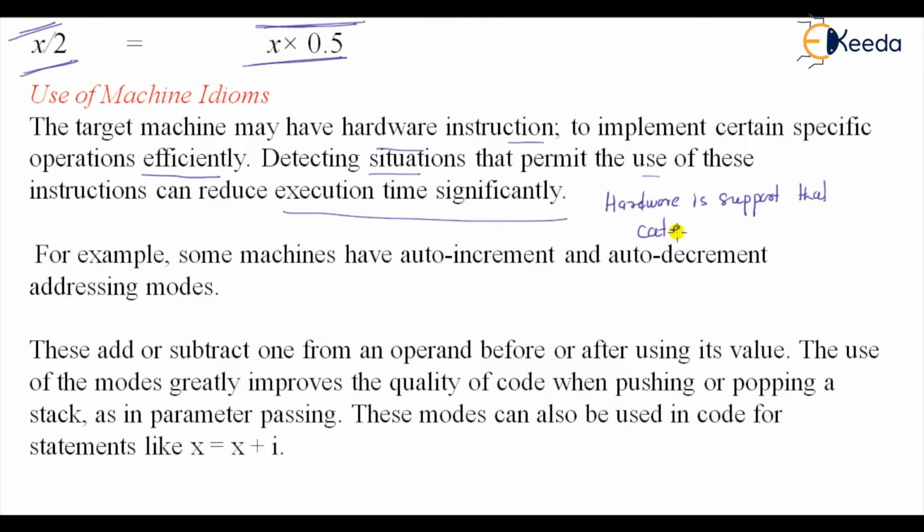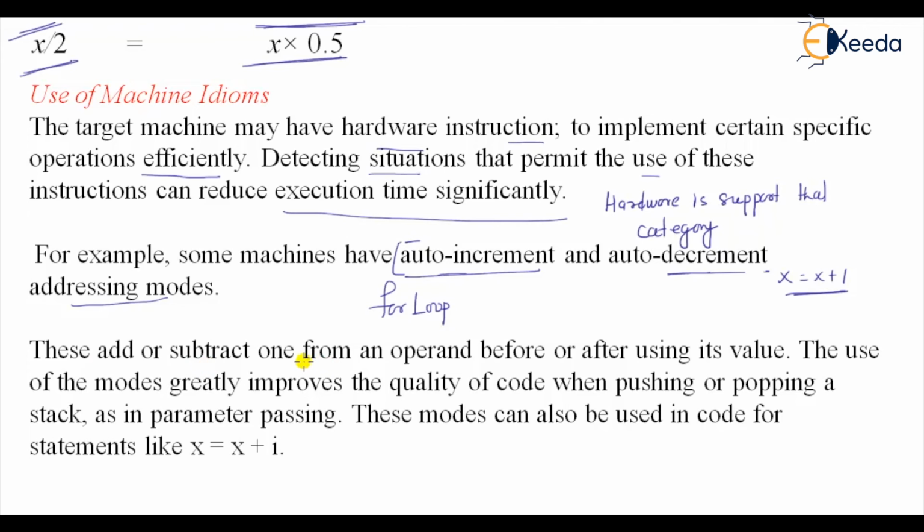If it is, then using that instruction will definitely improve the performance. For example, some machines have auto increment and auto decrement addressing modes. Even if you are doing x equal to x plus 1, which is an addition, in some situations, like a for loop, if we can use the auto increment and auto decrement mode, then the efficiency of the code can be improved.